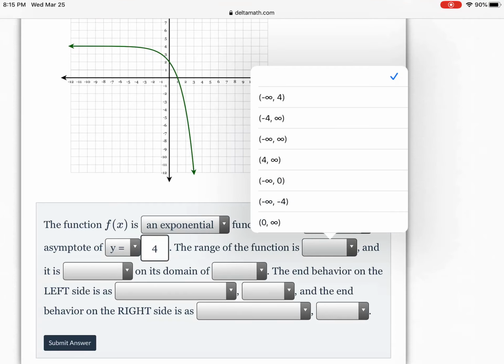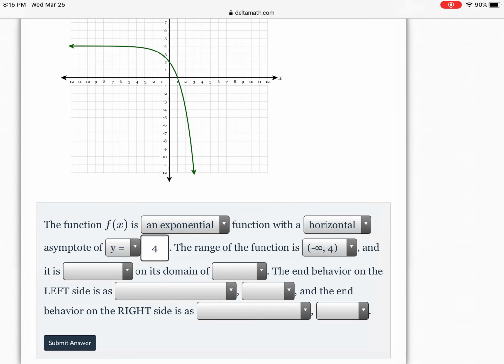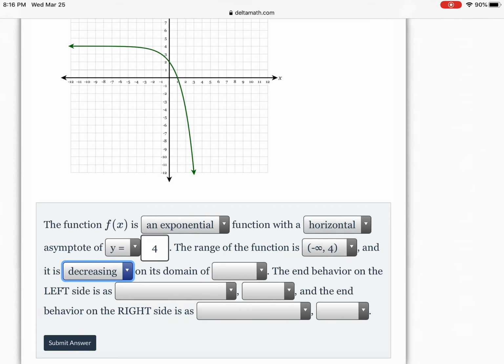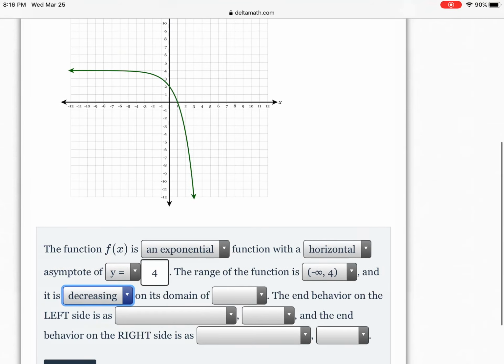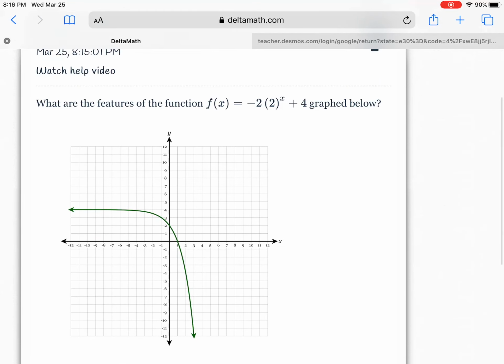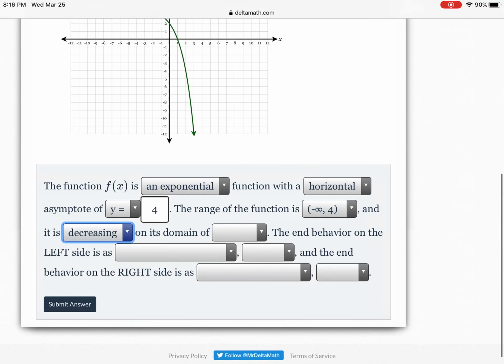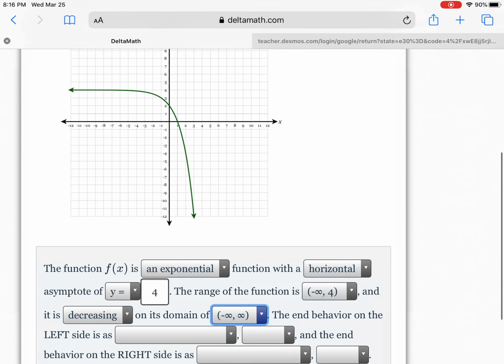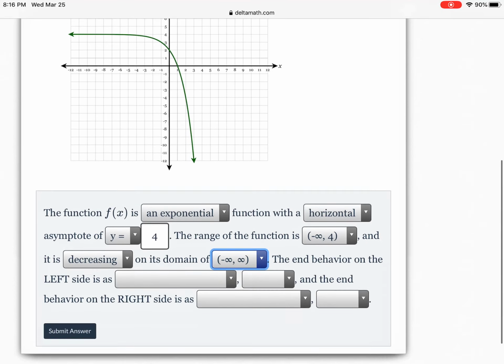The range of this function is, range is down to up, negative infinity to 4. And it is decreasing as I go from left to right. And it's decreasing because of that negative in the front that flipped it upside down. Its domain is going from negative infinity all the way to positive infinity because it goes all the way left and all the way right.